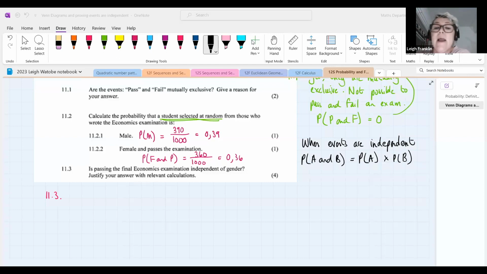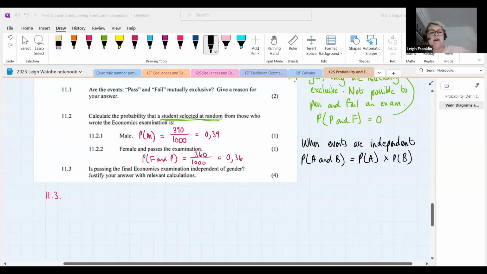Incidentally, before we continue, what do they mean by the word independent? When they say, is the final economics exam independent of gender, what does the word independent actually mean for us here? Can anybody explain that?